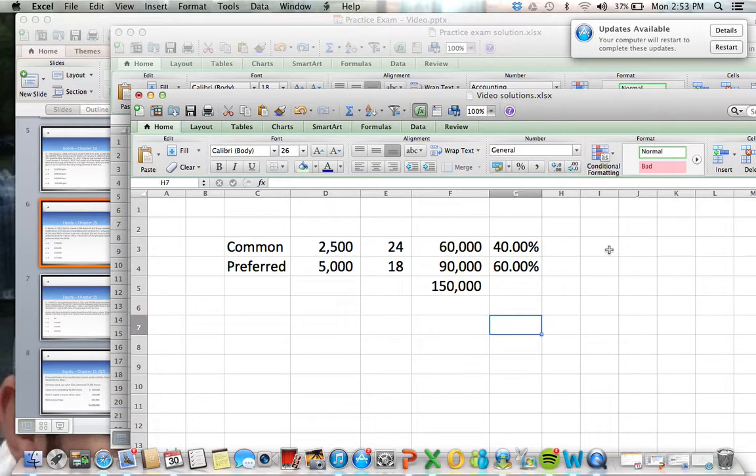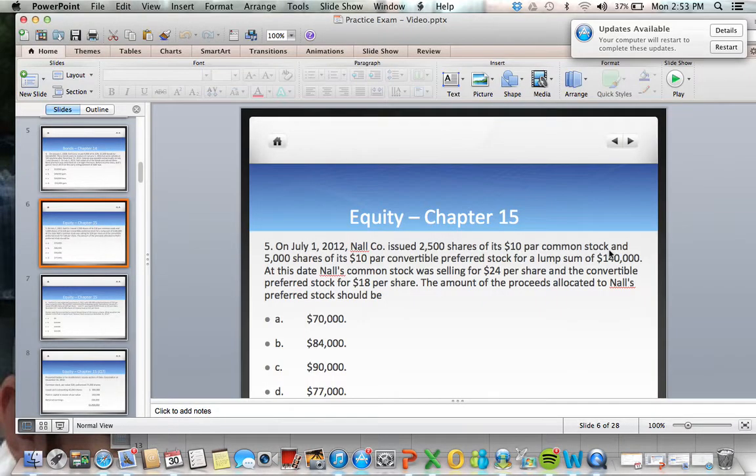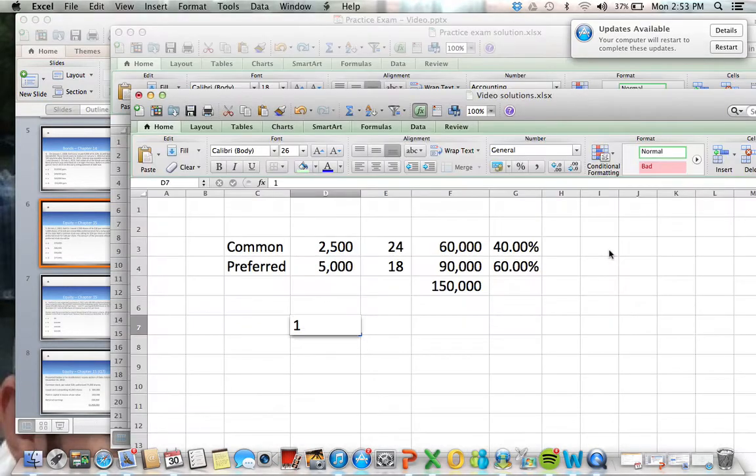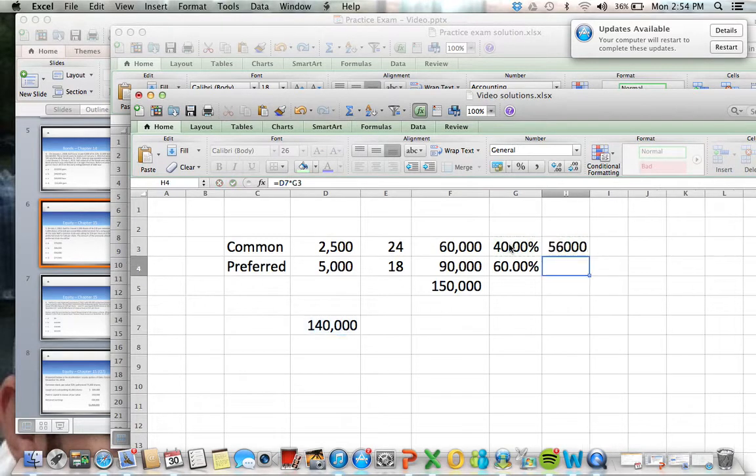So logic tells us that what we do is simply take this 140,000, that was literally what we got, and multiply it. We know that 40% of it belongs to common. It's the other 60% that belongs to preferred.